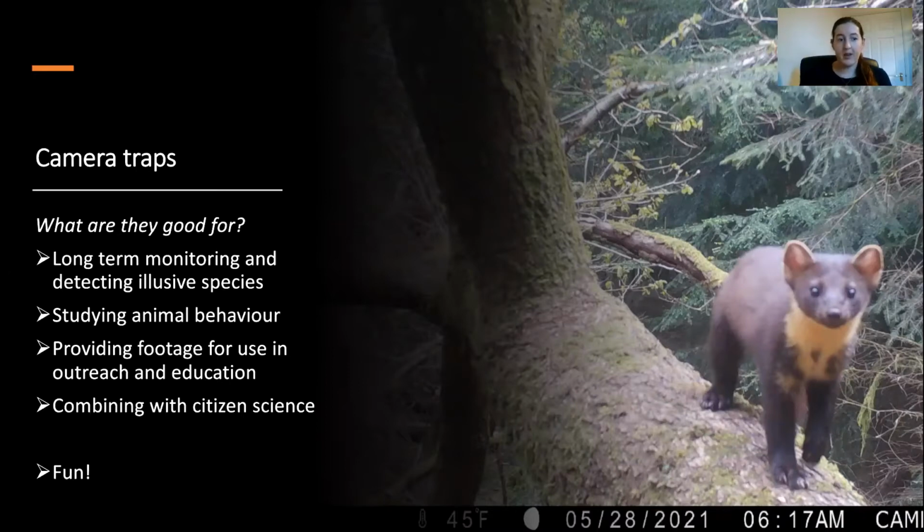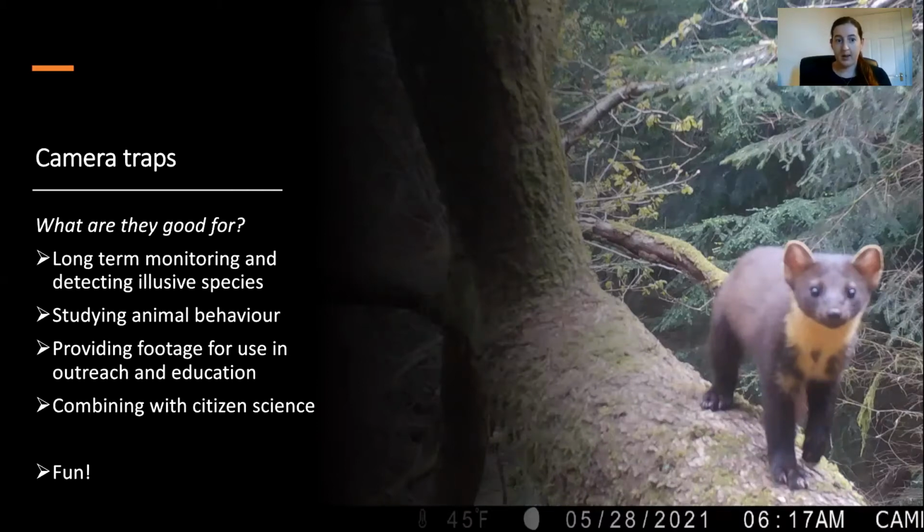And they can provide really nice footage for use in outreach and education, so you get nice views, nice photos and videos of animals in natural settings. And they're really good for combining with citizen science because they tend to collect a lot of data, so a lot of photos and a lot of videos.